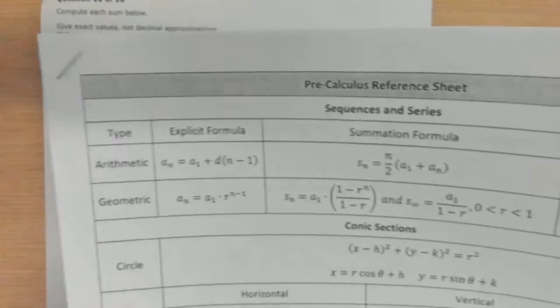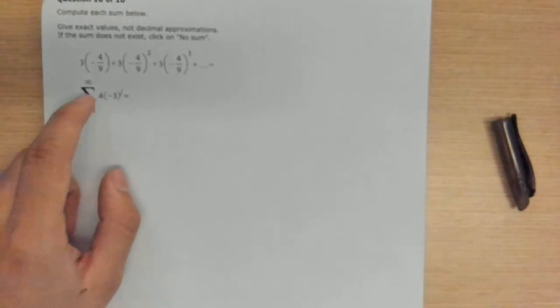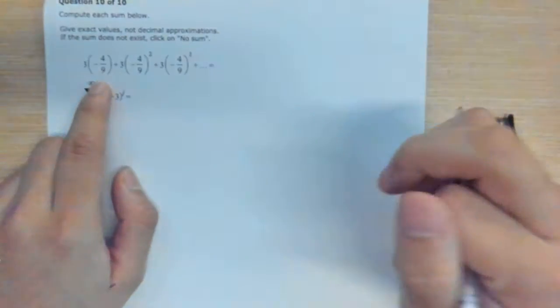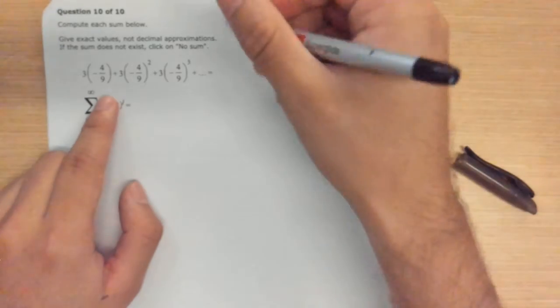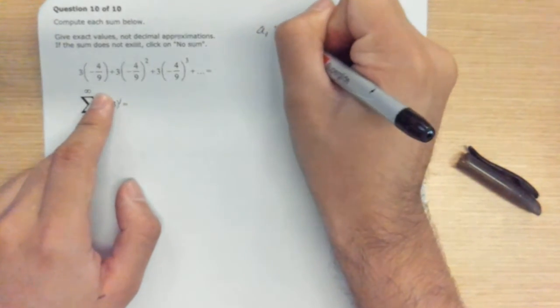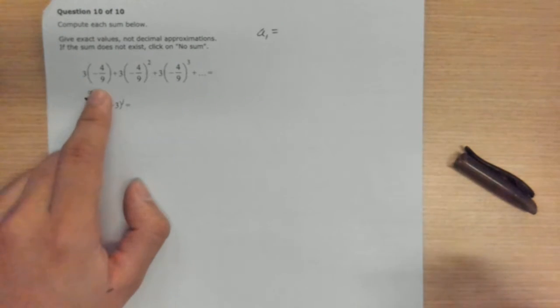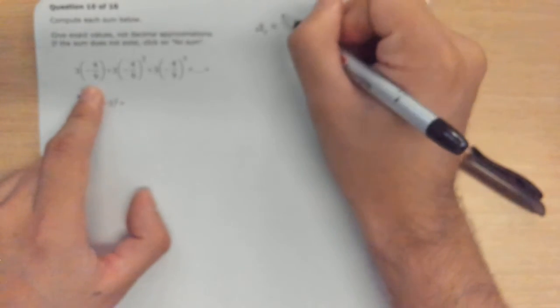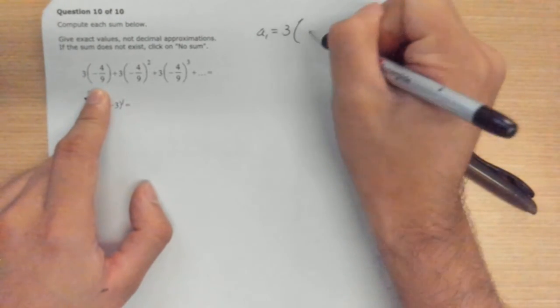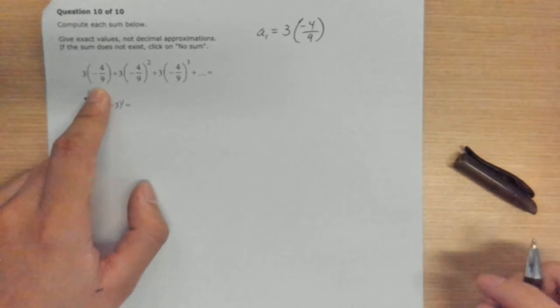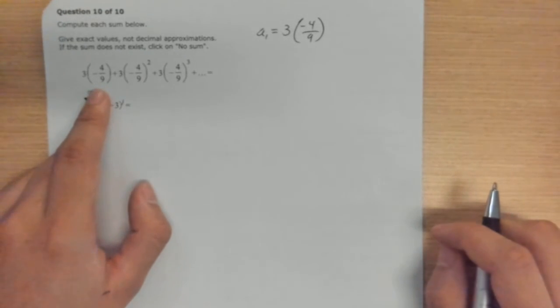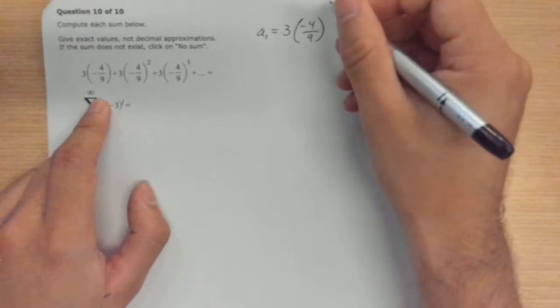Okay, let's do the first one. Let's find the first term and the common ratio. Guys, what's going to be the first term of this? Well, a sub 1 is the very first term that you have, which is 3 times minus 4 over 9. Let me simplify it.